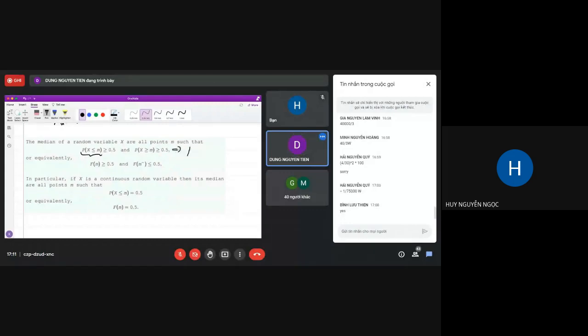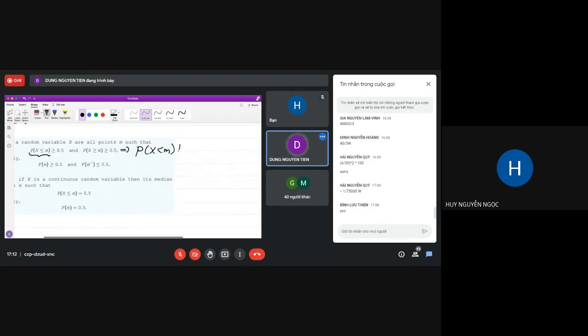This implies that the probability that x is less than m, you subtract, is 1 minus the probability that x is greater than or equal to m. I'm sorry, that should be less than or equal to 1 minus 0.5, and you get 0.5. So you have these two inequalities, right? All right.